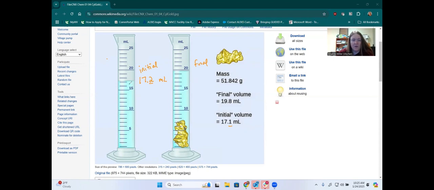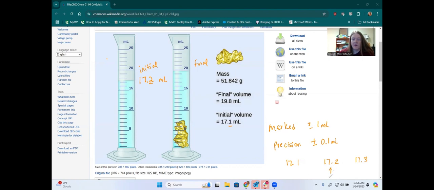Because our markings are plus or minus 1 milliliter, the gap is 1 milliliter. Our precision is plus or minus 0.1 milliliters. So some of us might say 17.1, some might say 17.2, and some might even think 17.3.